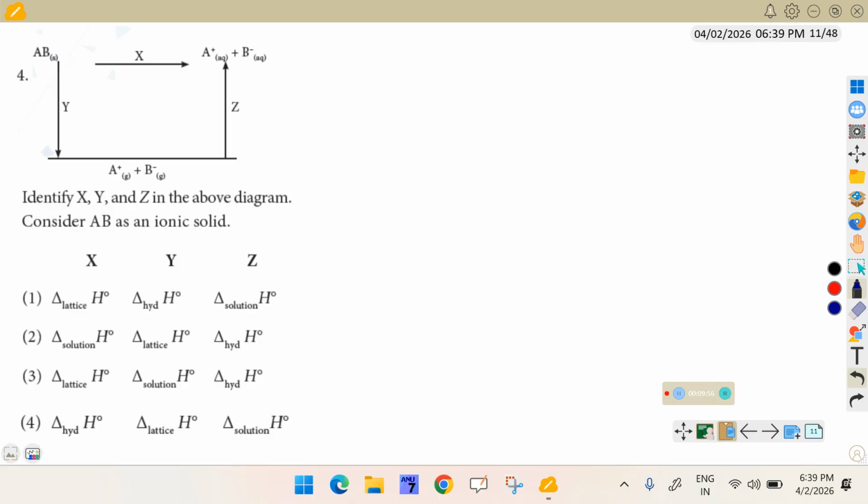Identify X, Y, Z in the above reaction. Okay. First, the solid form of AB is converted to aqueous form. That is considered as enthalpy of solution.